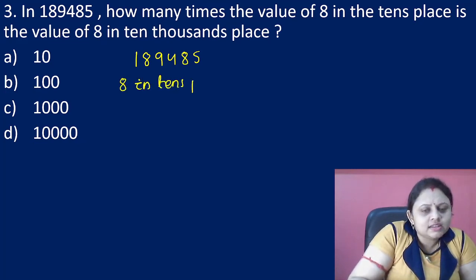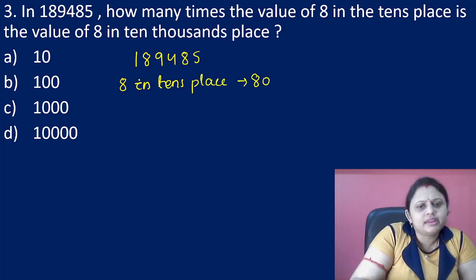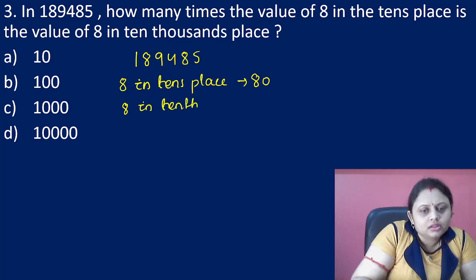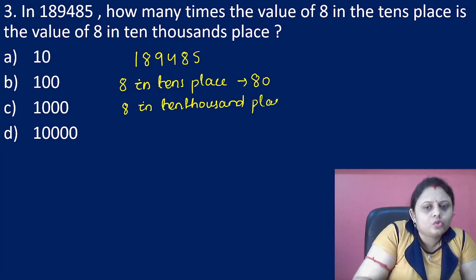You can see there is an 8 present in tens place. Its value will be 80. And the value of 8 in 10,000 place will be 80,000.